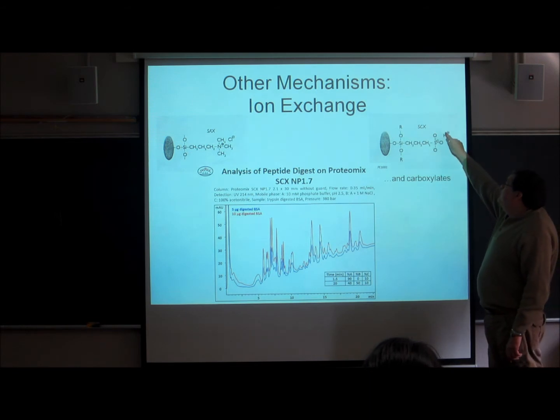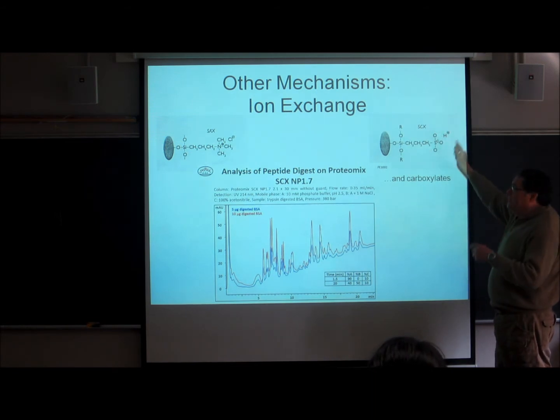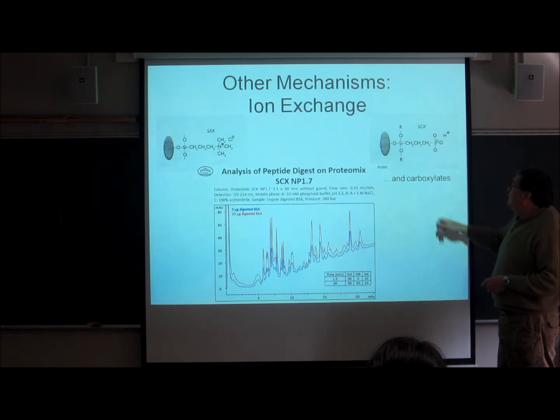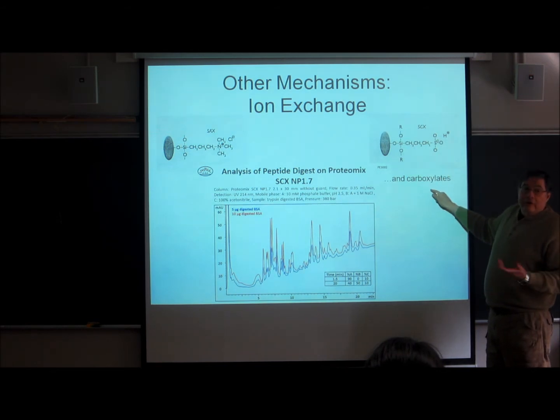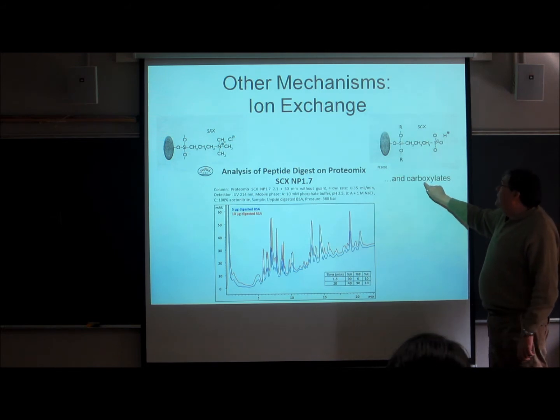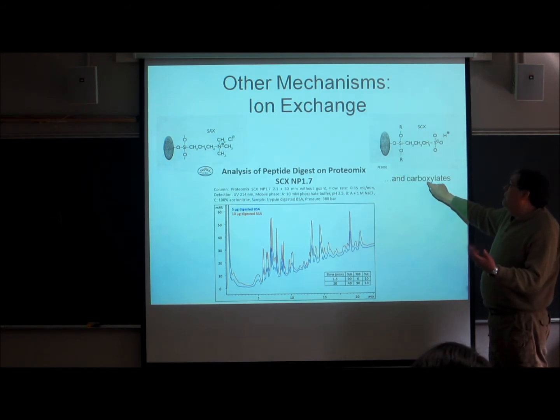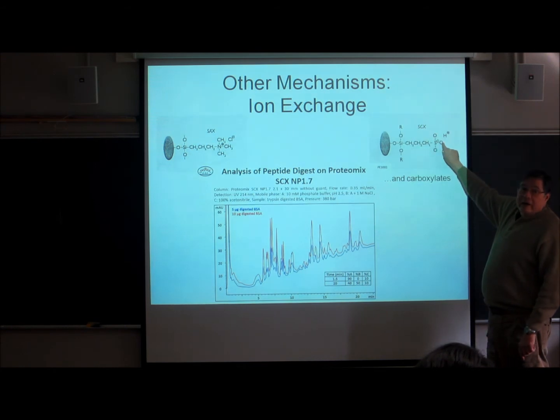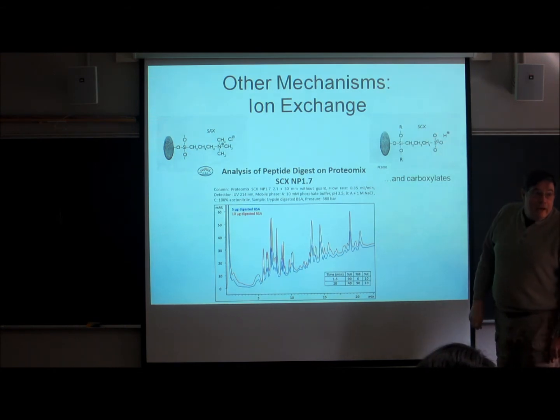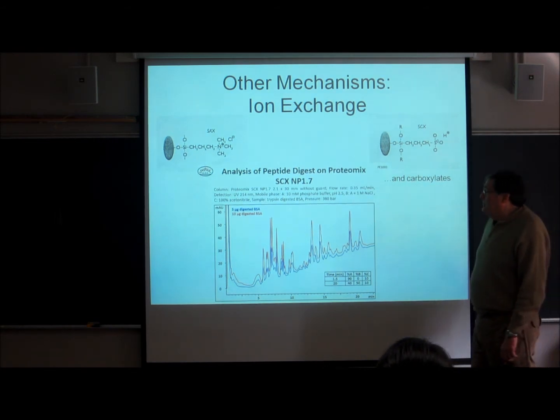As positively charged ions come here, they'll displace water or H+. And also carboxylates can be used. Carboxylates are weaker cation exchange resins. Remember the pKa's of these are bigger than of these. Sulfonic acids are pretty strong acids, pKa of 1 or something like that. pKa of 4 for carboxylates, just for your reference.